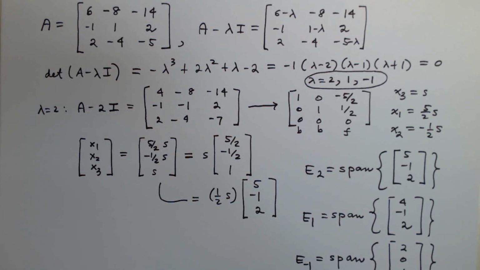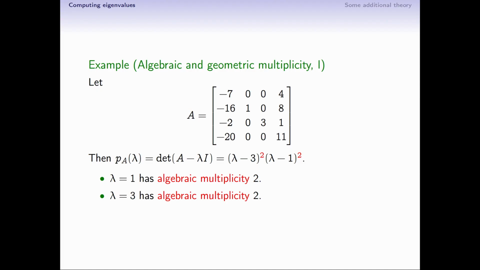Now, let's head back to the class notes. With regard to eigenvalues and their corresponding eigenvectors, we want to make a distinction between the algebraic multiplicity of an eigenvalue and the geometric multiplicity of an eigenvalue. The best way to see this is by looking at an example.